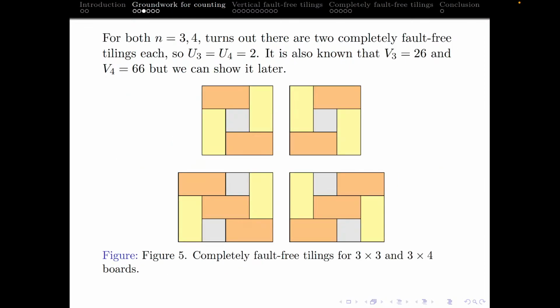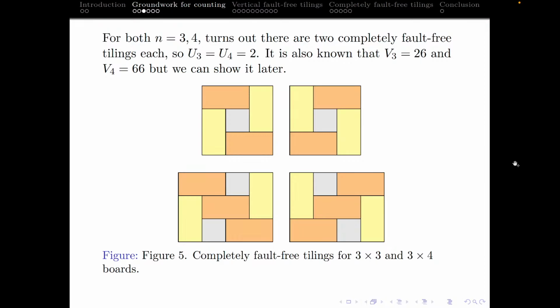And now for n equals 3 and 4, we can also get ahead of ourselves and look at some of the tilings. You can see that we have drawn two tilings corresponding to u_3 and u_4, and those are basically the only two tilings possible. And as you can see, there is a nice reflection symmetry between these tilings. So from these examples, we can start to notice that all the values u_n are even.